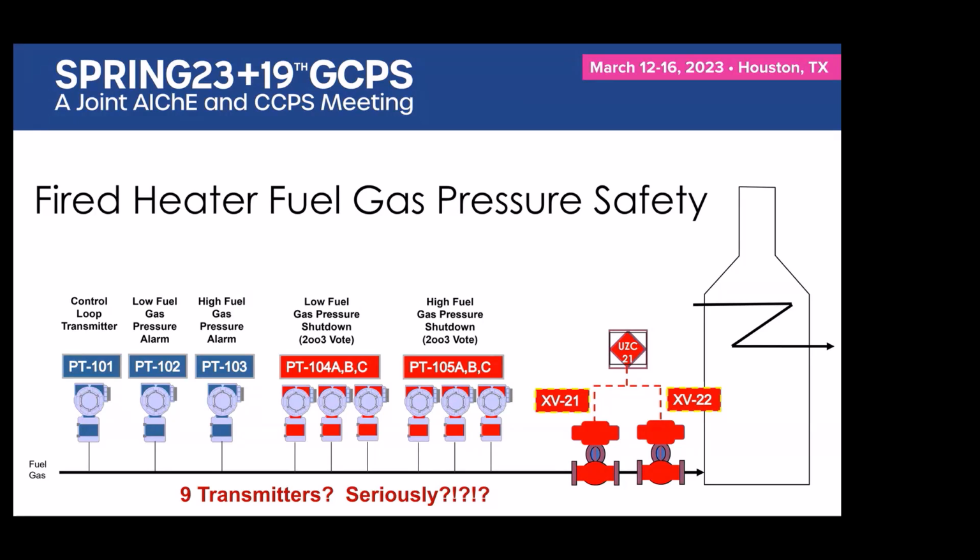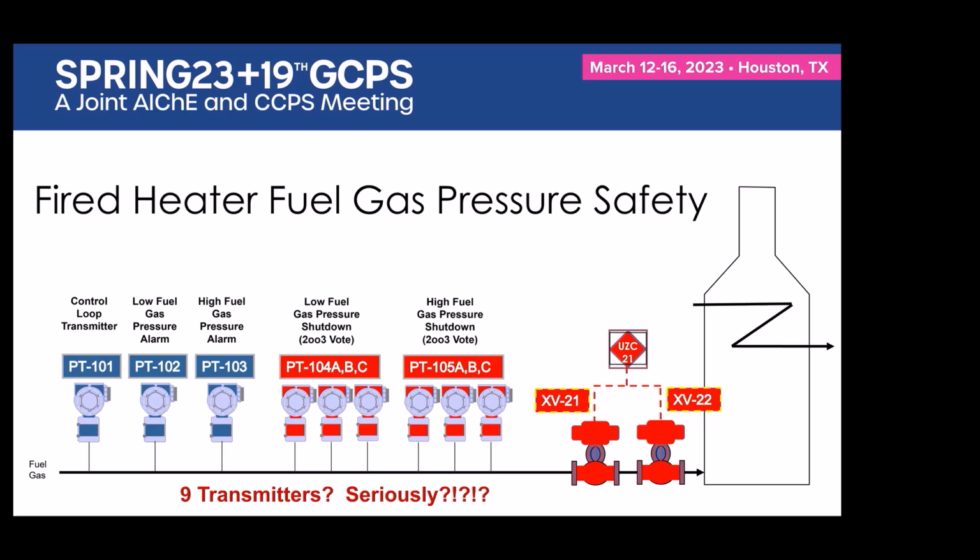We have a fired heater. And as most of you know, on a fired heater, if the fuel gas pressure is too high or if the fuel gas pressure is too low, that could result in a flame out, which through a series of unfortunate events could result in a firebox explosion, potentially even with a fatality.